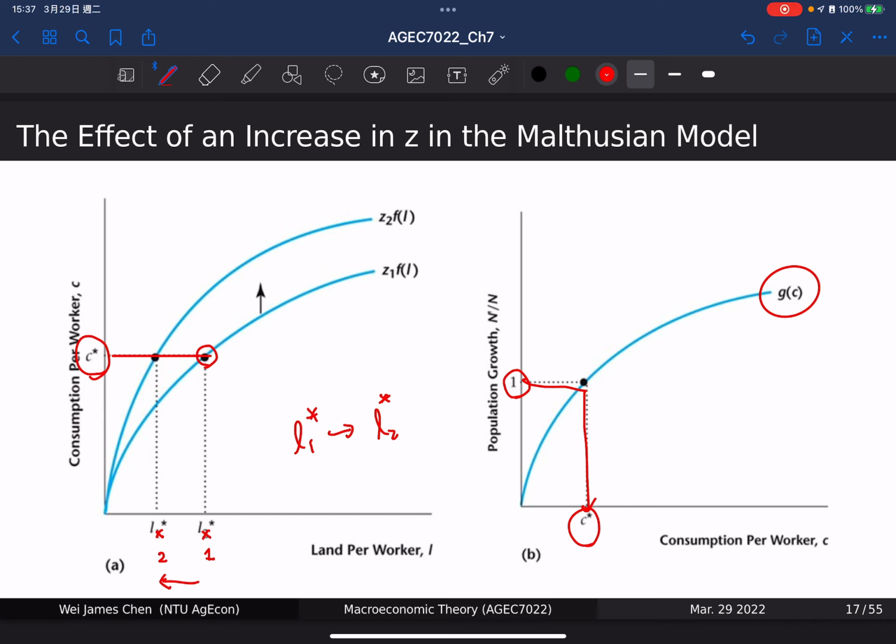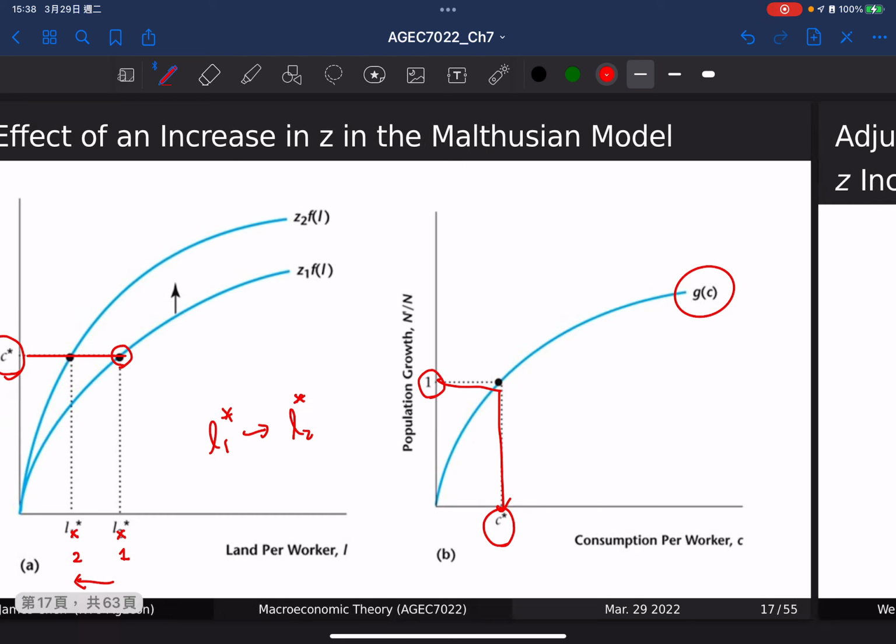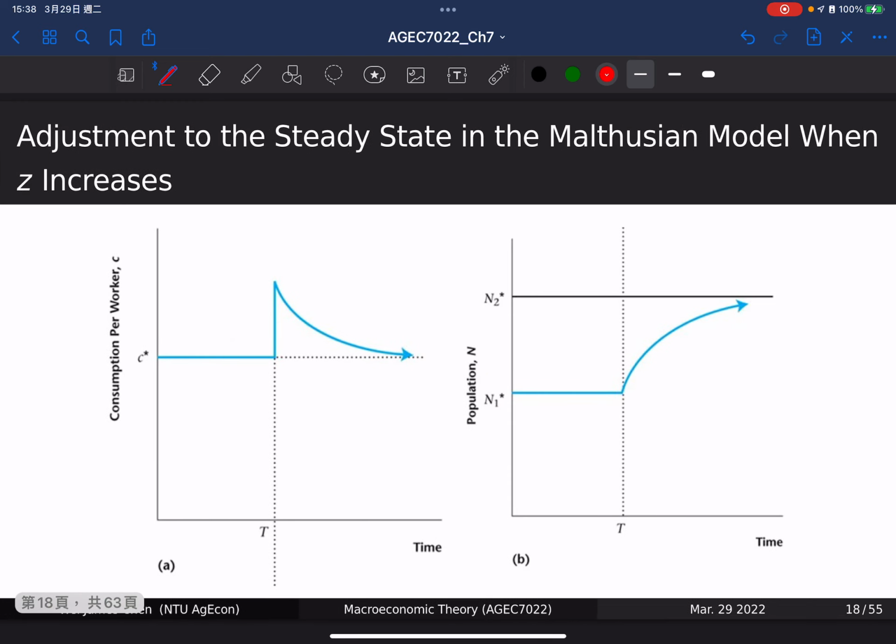That's the human capital, human here. That many humans now produce more goods. So that's the effect of Z. But somehow, in the steady state, everybody still eats the same amount. What happened? It must be that we have more population, right?